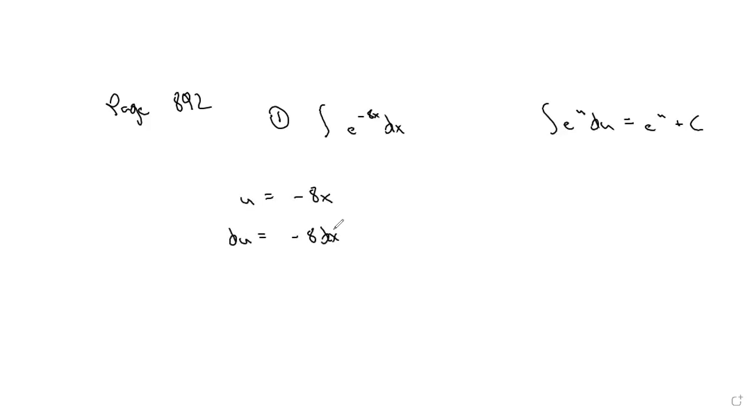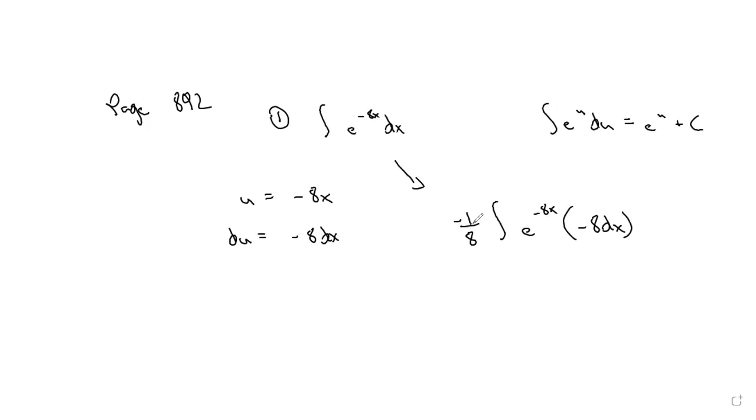So it's almost in the correct form. We just need a minus 8 within the integral. And then, of course, we'll offset it by putting a minus 1/8 outside the integral. So let's do that over here. So integral of e to the minus 8x. And now let's do bracket, and let's put minus 8 dx right here. And let's put minus 1/8 right here.